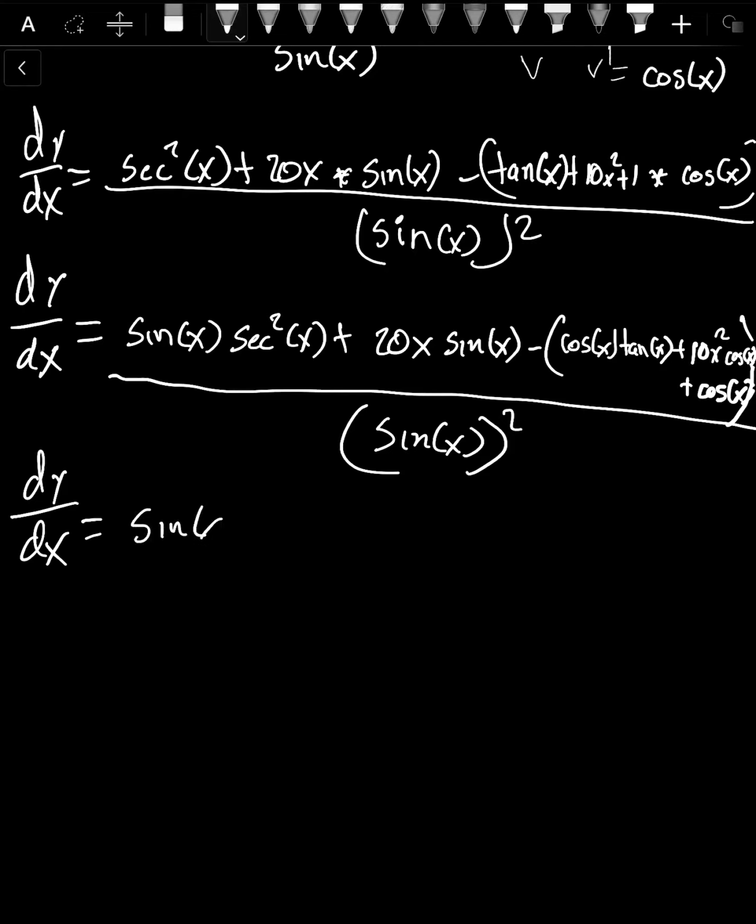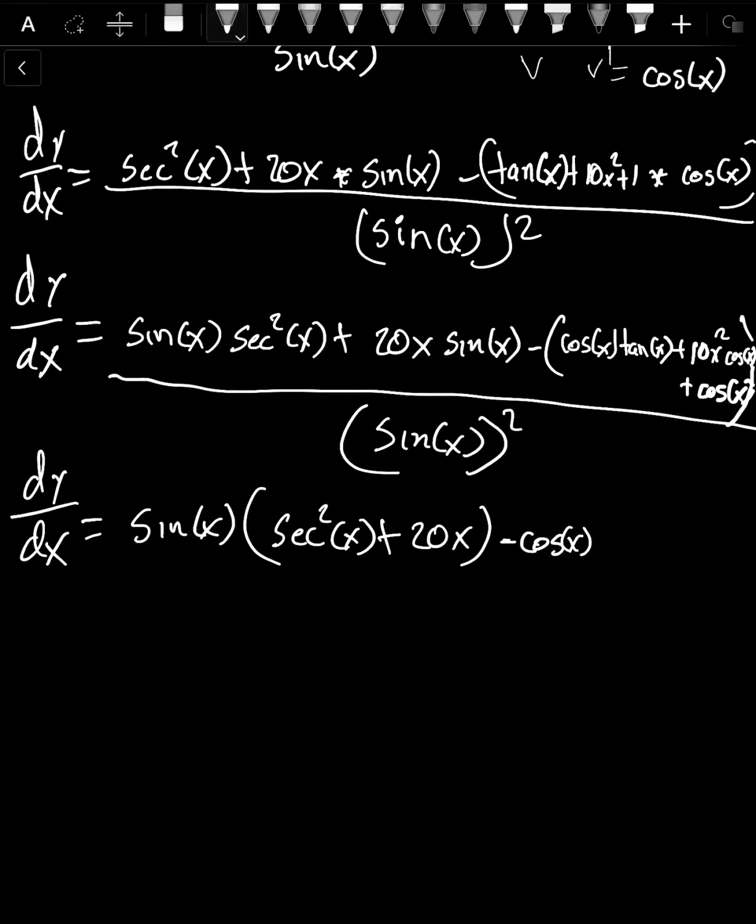All right, let's keep going and simplify things, which is equal to, we can factor out sine of x in this first term. So sine of x times secant squared of x plus 20x, right? And then in our second term, we're going to distribute the negative sign. Let's distribute the negative sign now.